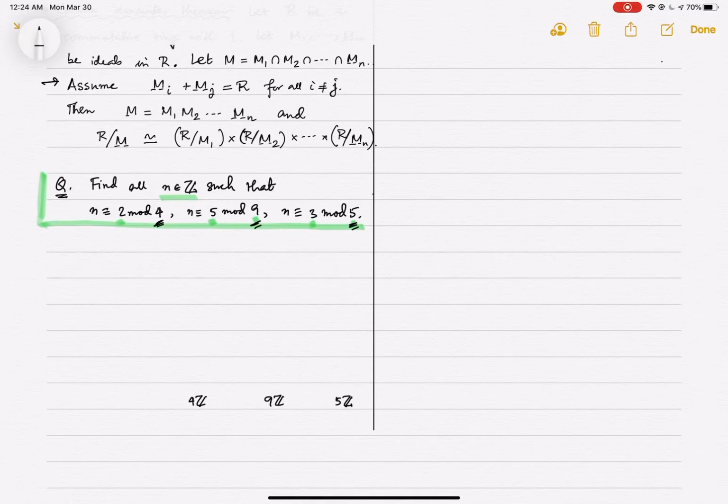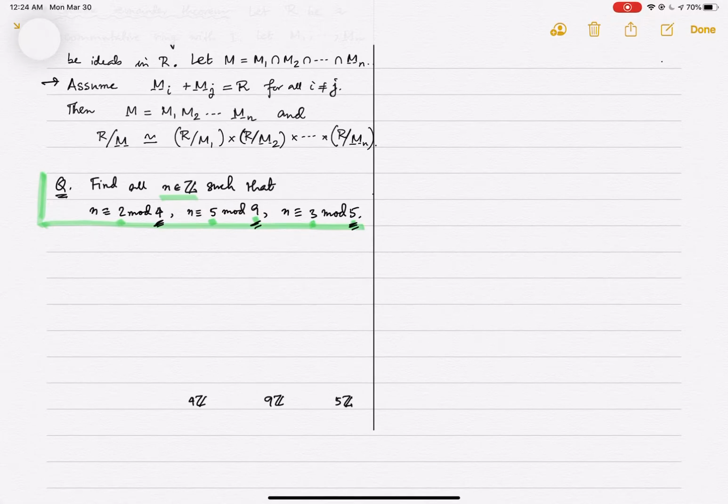And because these numbers 4, 9, and 5 are relatively prime, these ideals are co-maximal, meaning 4Z plus 9Z is Z, etc. Same, 9Z plus 5Z is Z. And you can see that you can write 1 as a combination, right? Minus 2 times 4 plus 1 times 9 is 1. So if you can write 1, you can write any multiple of 1 as a linear combination. So these are co-maximal ideals.